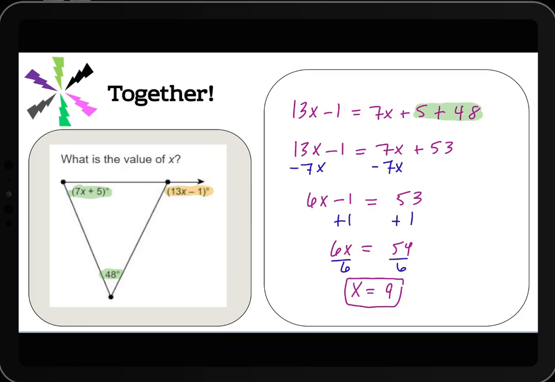For example, I could plug it in right here, and if I did that, then I have 7 times 9 plus 5. Well, that's going to be 68 degrees. So if this is 68 and that's 48 degrees, we know that when you add the two together, you get 116 degrees. That's the exterior angle value.